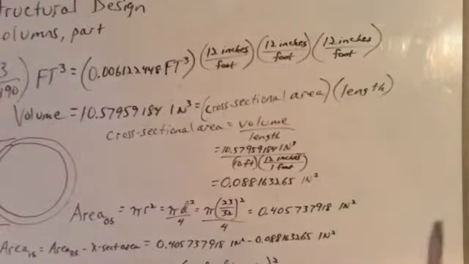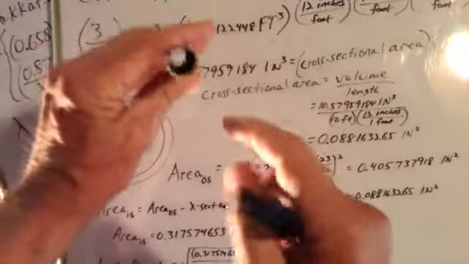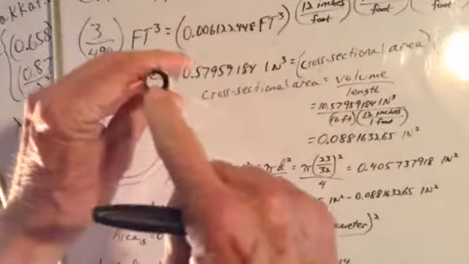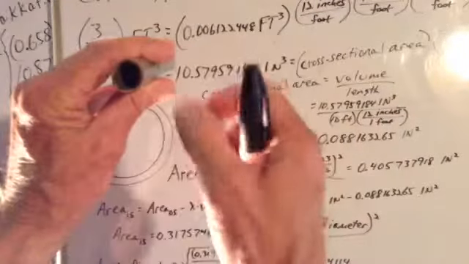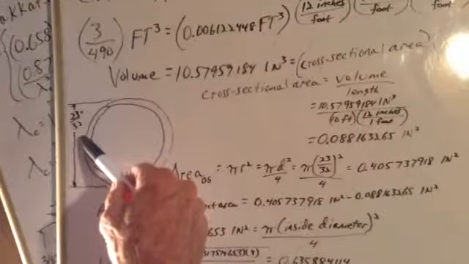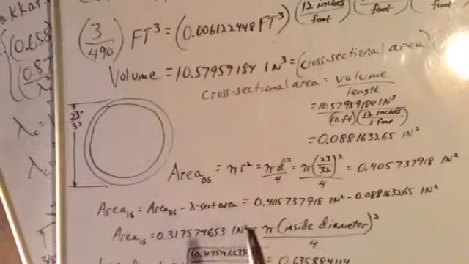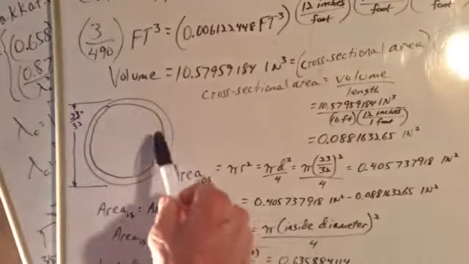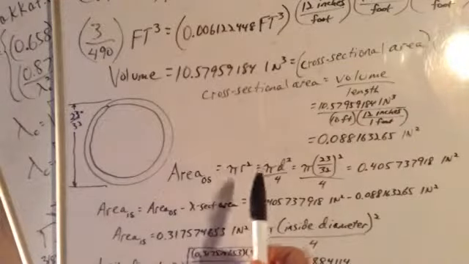Now let's figure the area of our circle, all the way from the outside diameter. We need to do that in order to figure our wall thickness, so we can figure the cross-sectional area of our U piece.